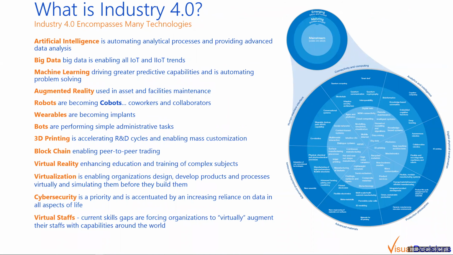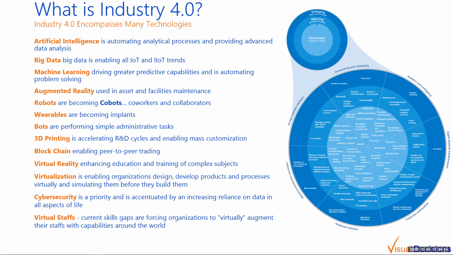So what is Industry 4.0? Industry 4.0 encompasses a lot of different technologies. And over on the right side of the screen here, we have a visual from the World Economic Forum that is pretty comprehensive. At the center are some of the mainstream technologies and so forth, and then maturing and emerging technologies as you expand out from the center.